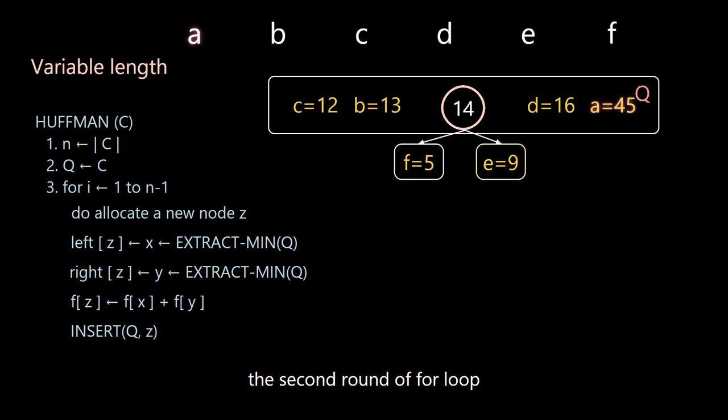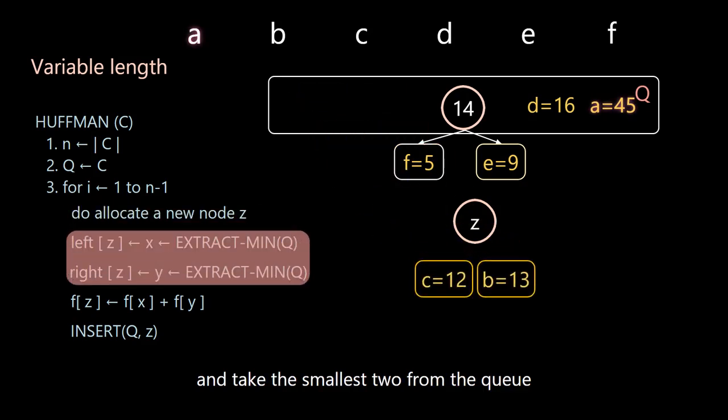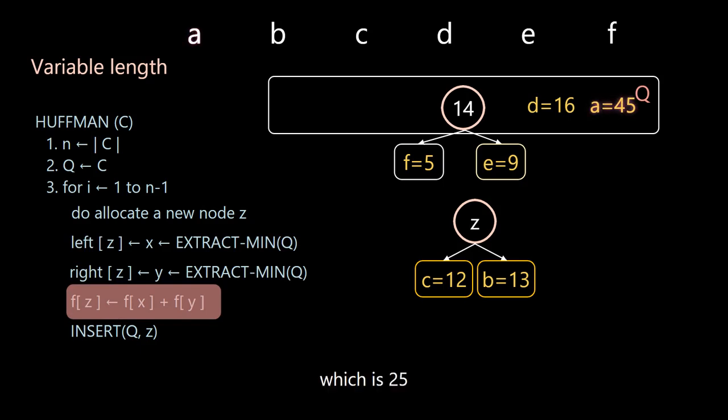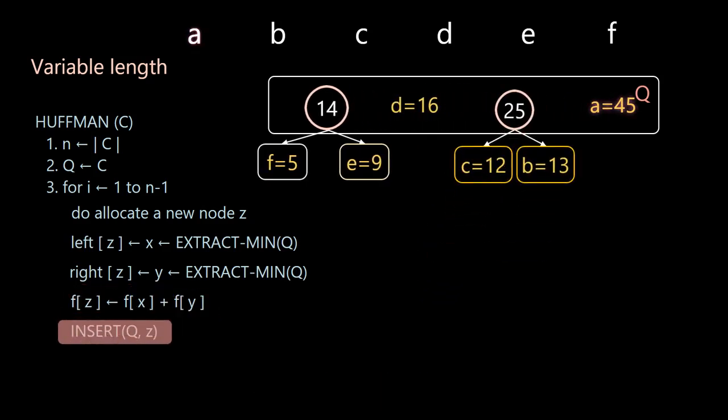So next is the second round of the for loop. Allocate a new node Z and take the smallest two from Q, C and B, as its child nodes. Finally, the frequency of the root node Z is the sum of C and B, which is 25. Then insert it into Q. Next, let's speed up a bit.